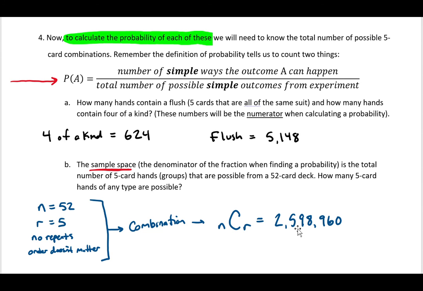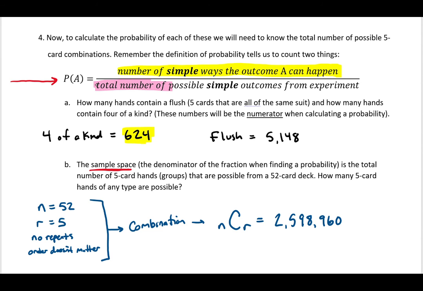So the counting is done, and the probability is just a small step after that. The number of simple ways your outcome could happen. So if we want the probability, let's look at the probability of 4 of a kind. The number of simple ways that could happen is 624.